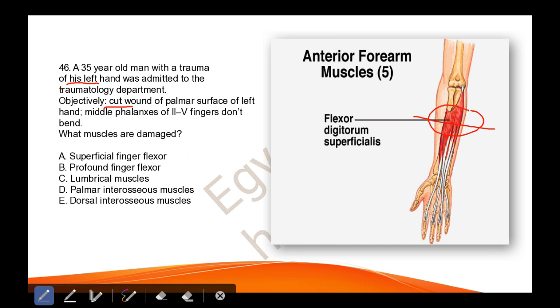So you can see here that the flexor digitorum superficialis helps to bend or to flex these phalanges. I think you will not be confused.